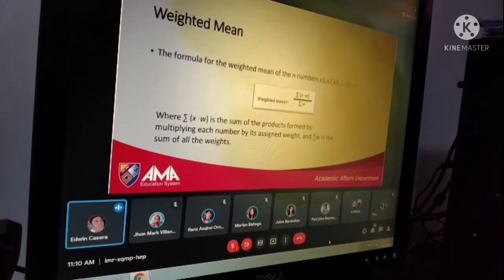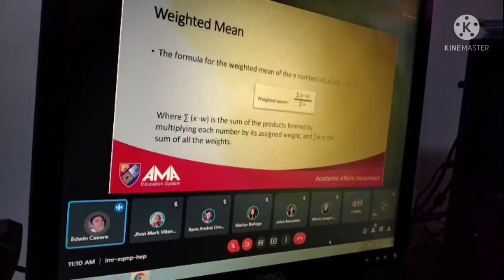Okay. Kung meron tayong measures of central tendency, we are also asked to find for the weighted mean. And the formula for the weighted mean is equal to the summation of x multiplied by weight over the summation of weight.